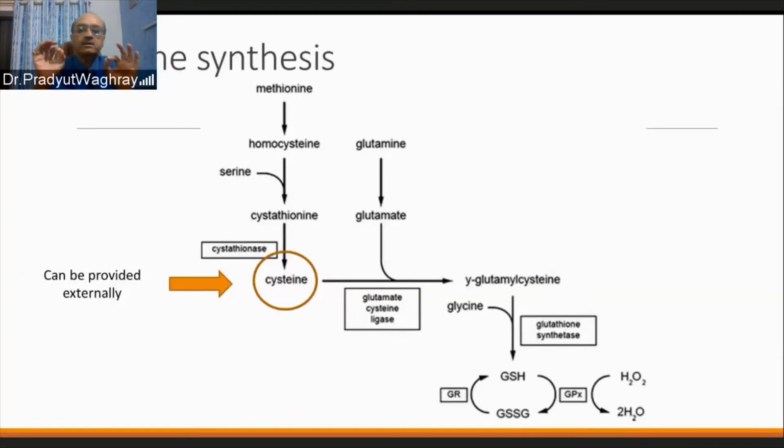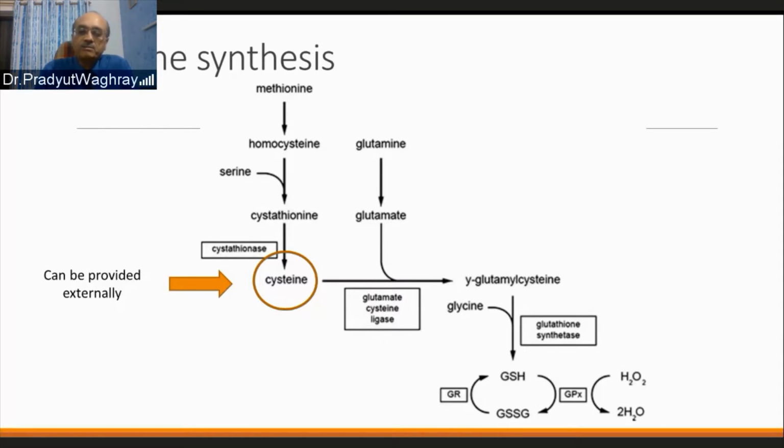The common entity required for the synthesis of glutathione is cysteine. Cysteine is itself derived through various enzymatic processes from methionine, homocysteine, etc. Then cysteine undergoes enzymatic ligation by glutamate cysteine ligase and forms gamma-glutamylcysteine, which, when acted upon by the enzyme glutathione synthetase, produces the reduced form of glutathione, otherwise called GSH.